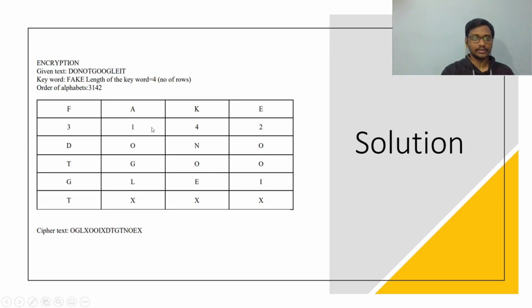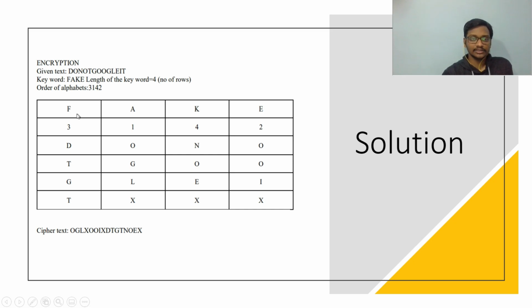So here is the encryption process. The given text is "do not Google it", which we write as a group of characters, and the keyword is FAKE. The length of the keyword is 4 and the order of the letters is 3, 1, 4, 2, as I mentioned earlier. Firstly, we write the 4 letters of FAKE, since the length of the keyword is 4.